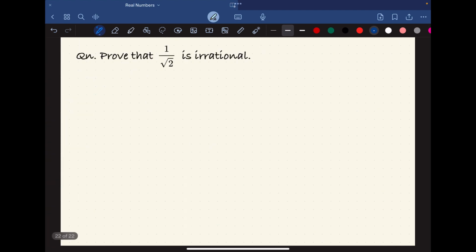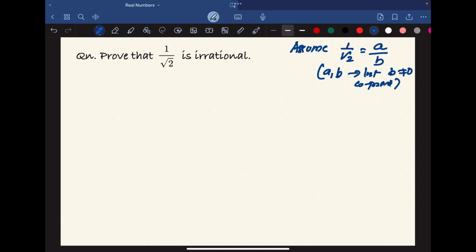Is that clear? So now prove that 1 by root 2 is irrational. Let's see how we can prove this. First we will assume 1 by root 2 is a rational number, same as we did previously. So we will write it in the form of a by b, where a and b are integers, b not equal to 0, and co-prime.